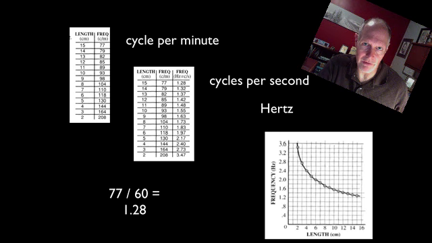You can see the math down below those two tables, and you come up with 1.28. Well, you could do the same for the rest of the frequencies on those tables, like 79 divided by 60, 82 divided by 60. When you do that and you graph everything out, you can see what the graph looks like. It's real similar to that first graph that we built in class. So you've got a short string length, you've got a really high frequency. You've got a long string length, you've got a really slow frequency.